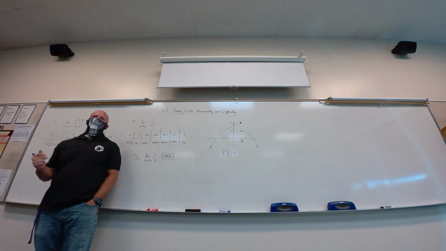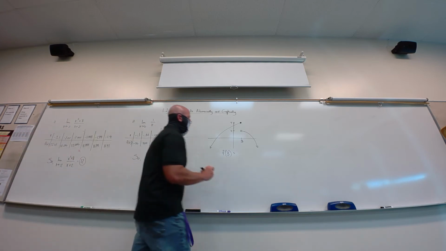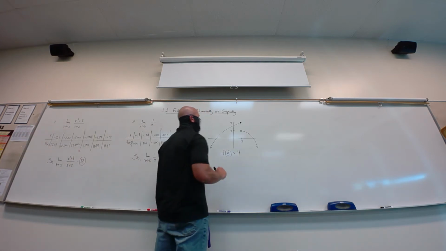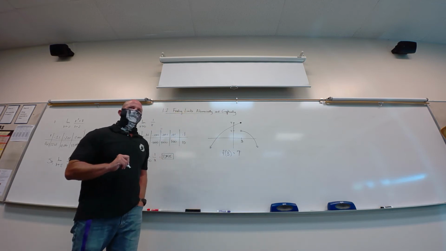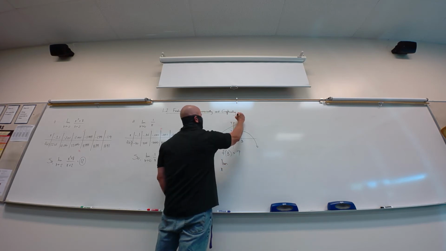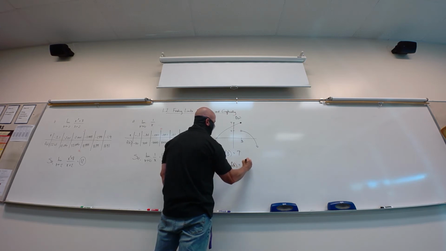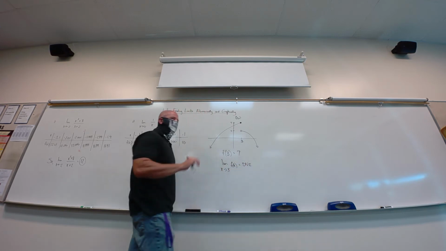7. Why? Okay, it's included. It's closed, right? Okay. Everybody agree with that? Okay, now the limit as x approaches 3 of f of x, I'm going to call this f of x, does not exist.